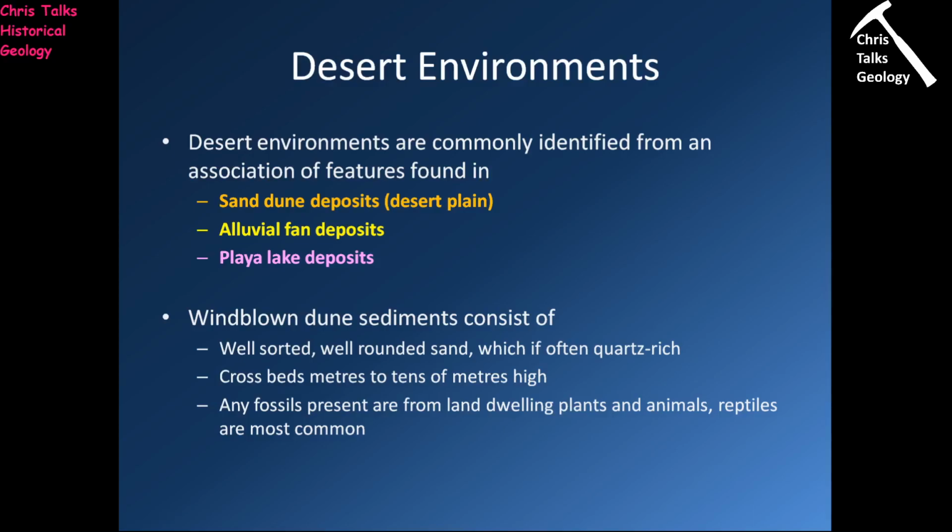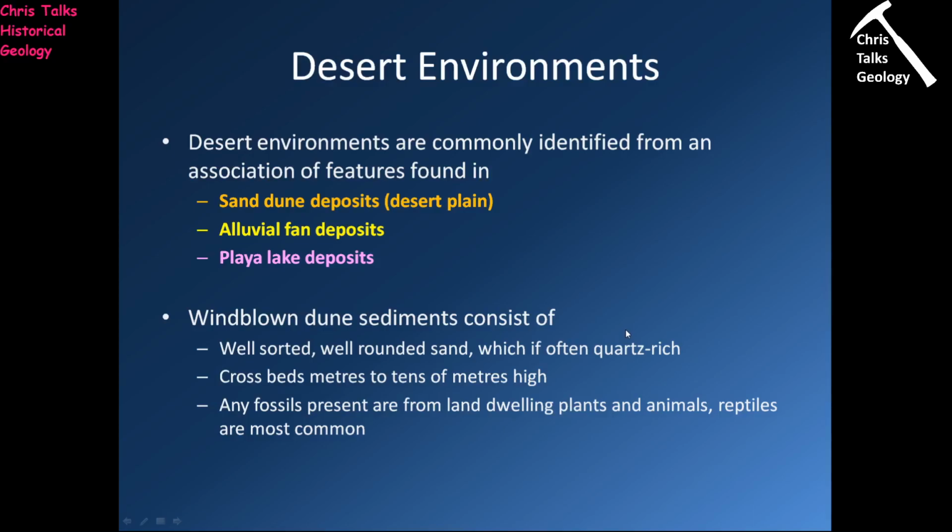So the desert plain consists of wind-blown sands, which will naturally form dune systems. Now the sand itself associated with these desert plains tends to be very well sorted, so the sand clasts have a very tight size range. They tend to be very well rounded, and the sand itself tends to be dominated by quartz.